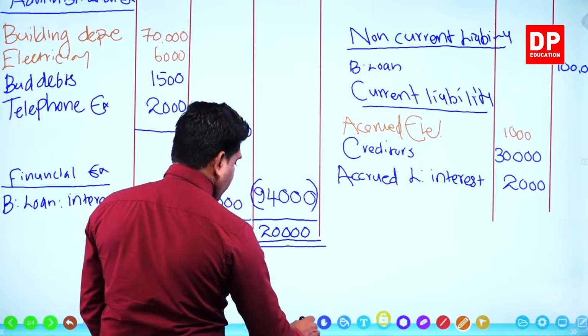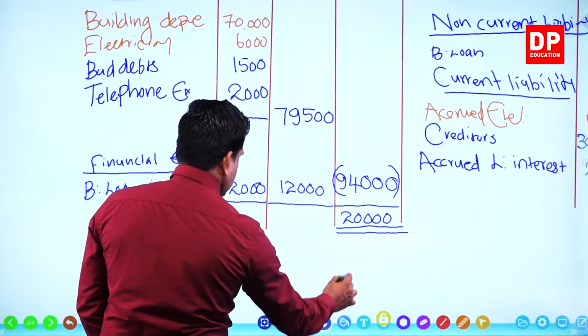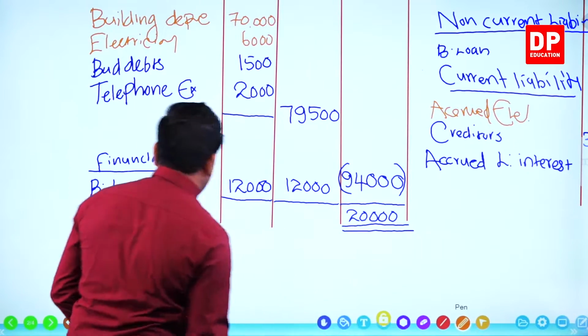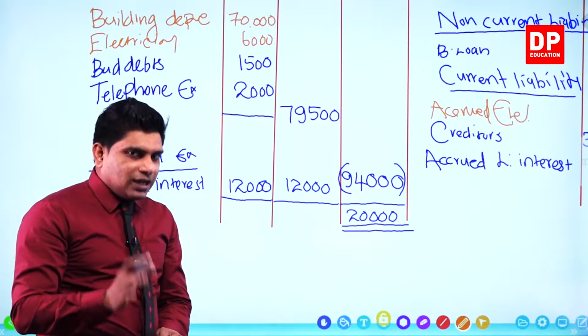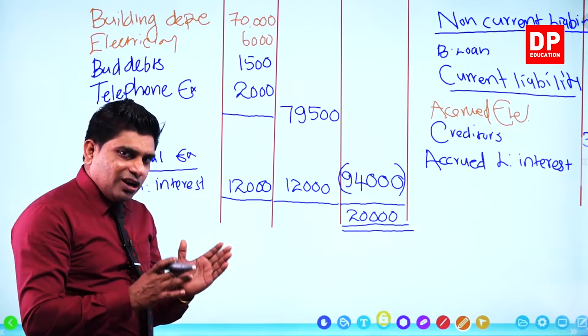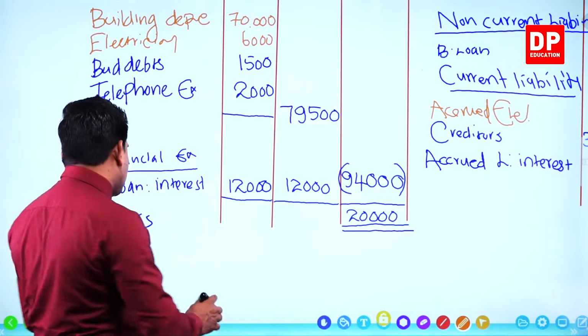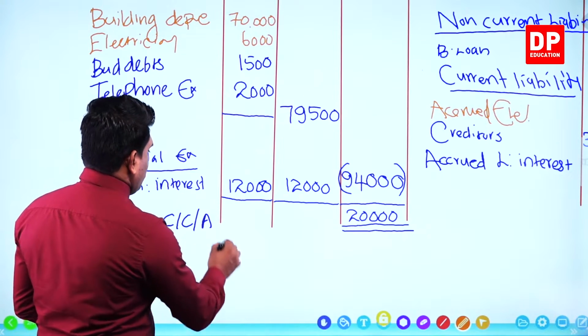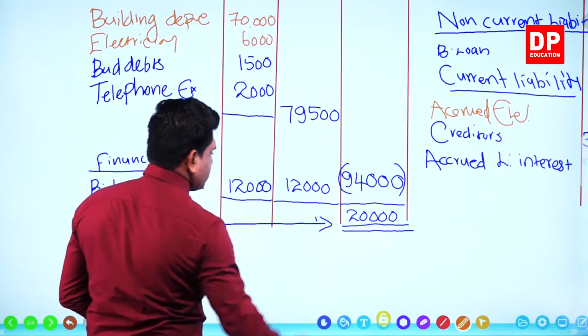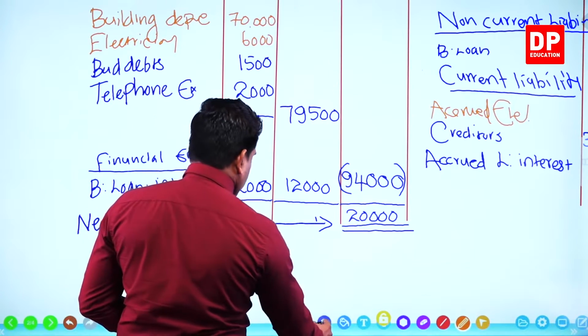In front of the net profit or net loss, what do we write? You remember, you must write net loss carried to capital account. Carried to capital account, 20,000, right?